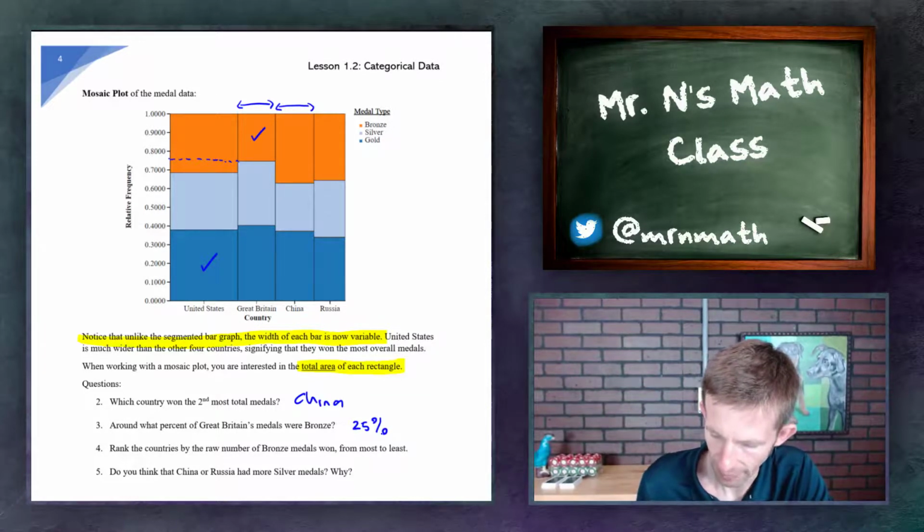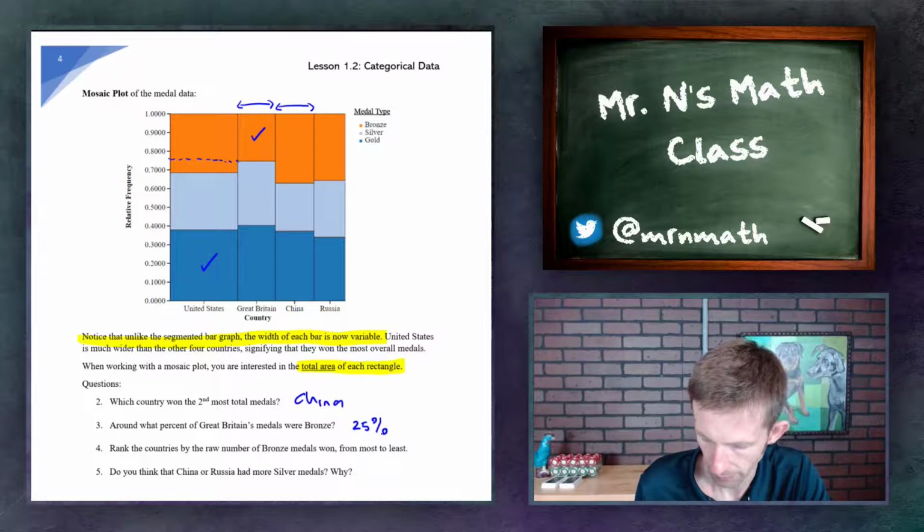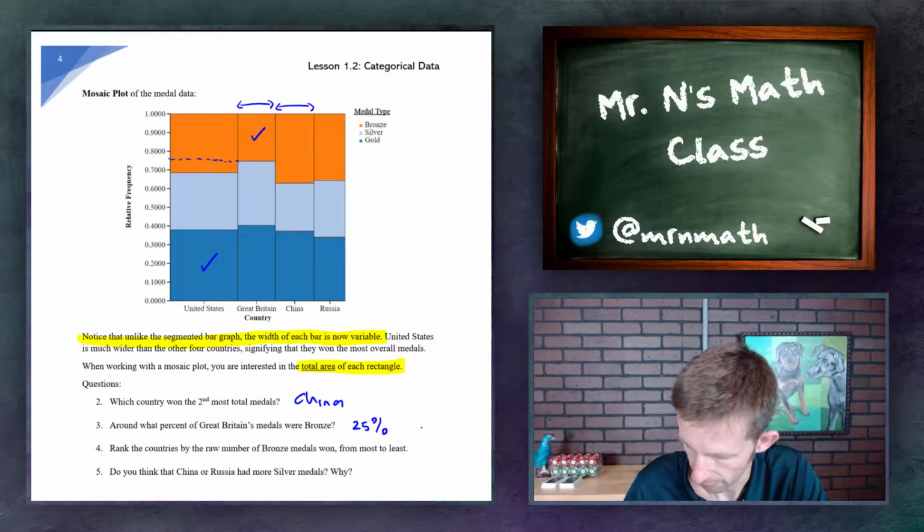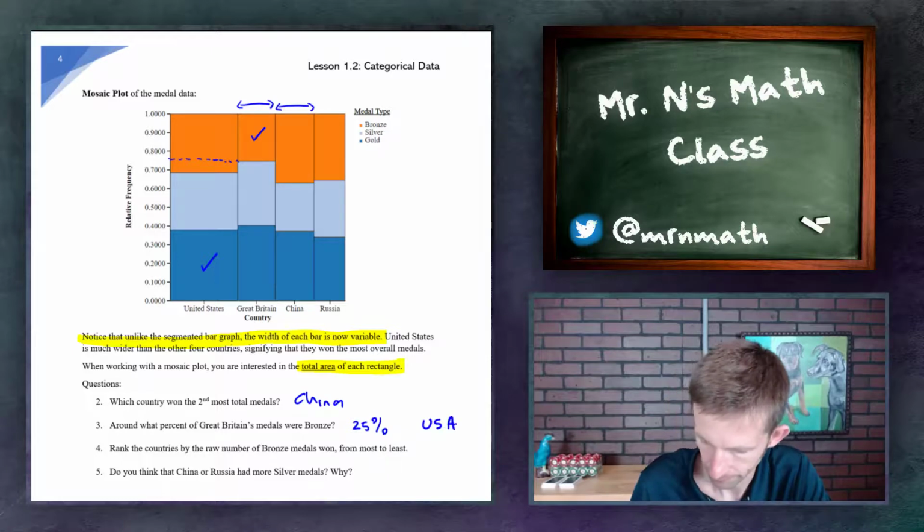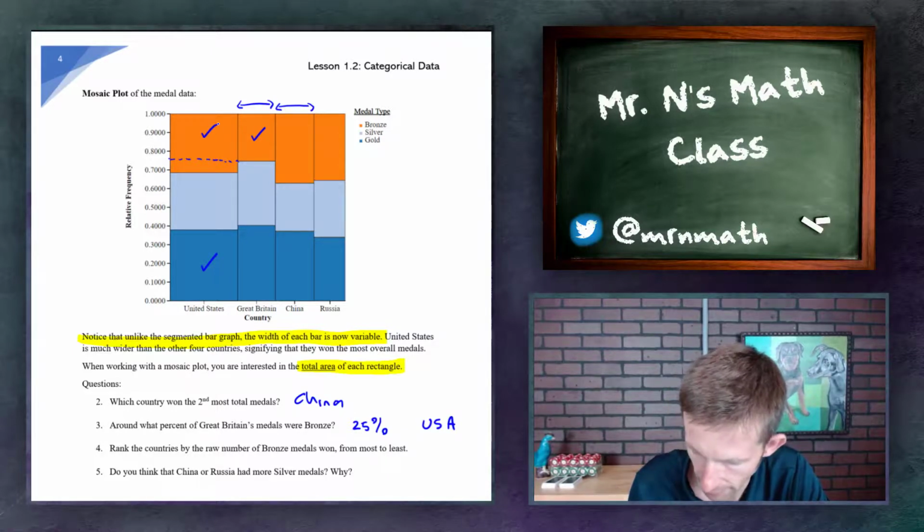Rank the countries by the raw number of bronze medals won, from most to least. All right, sheer number of bronze medals won. So I want the greatest area. So USA would have the biggest area. Second biggest area would be China.